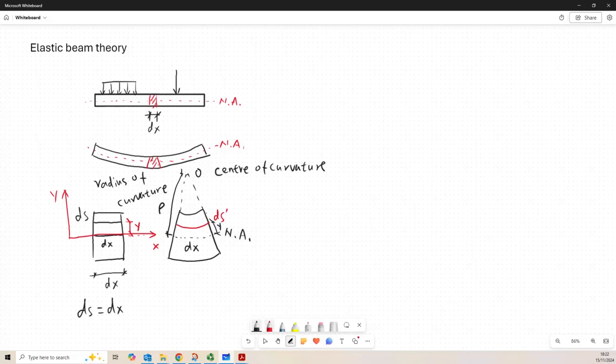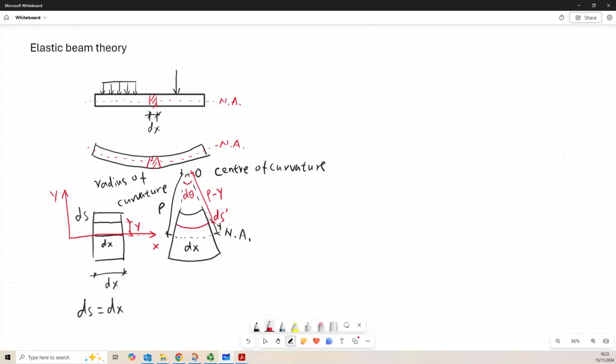Then we know the distance between O and ds prime is rho minus y. Suppose the angle of this arc is d theta.